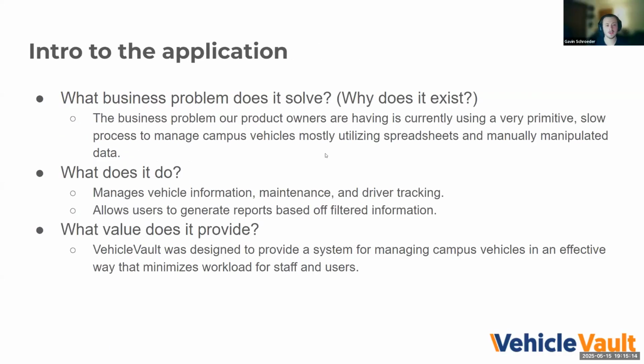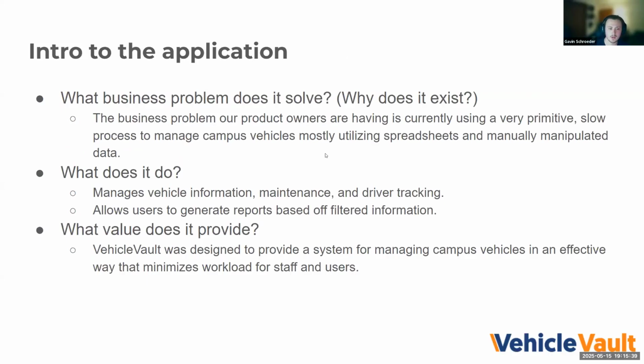Intro to our application, the business problem that it solved. The main business problem that our product owners were looking to solve here was finding an efficient way to manage campus vehicles across different departments, different staff, different users, being able to manage vehicles effectively, and manage a few things within the vehicle information as well, like maintenance, driver information, as well as the information for the vehicles.